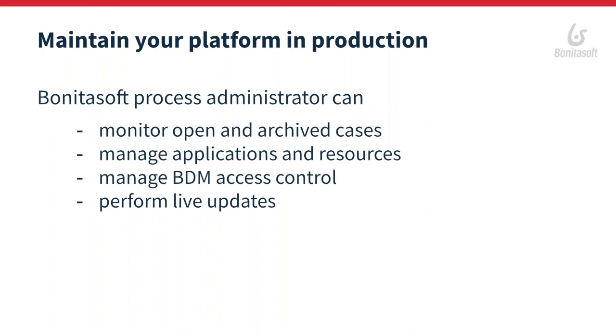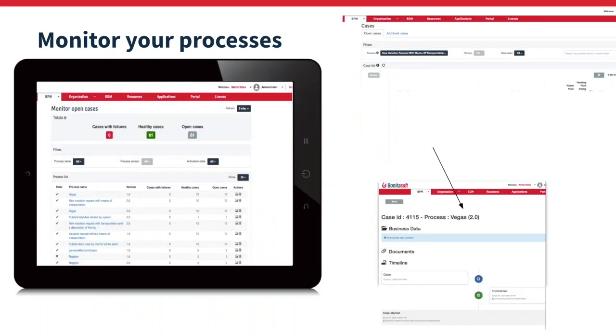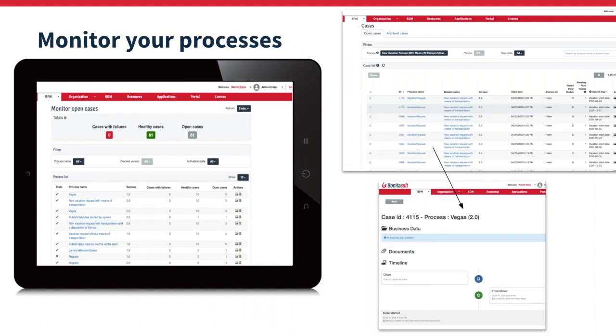Then, if I take examples like that, you will see that the administrator will have a graphical view of all the things they need to monitor. Something that is also very interesting is the graphical view of your process. You can see each step, and you will see the cases that are healthy in green, here in the table as well.